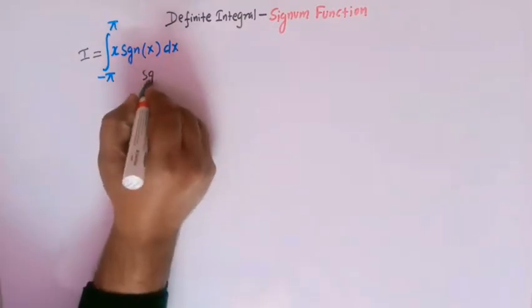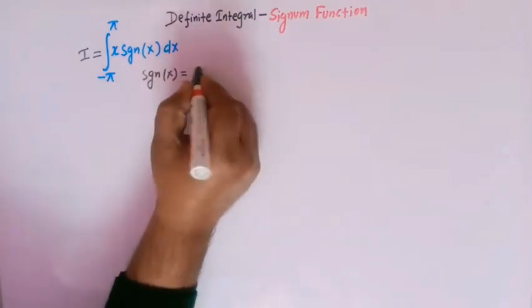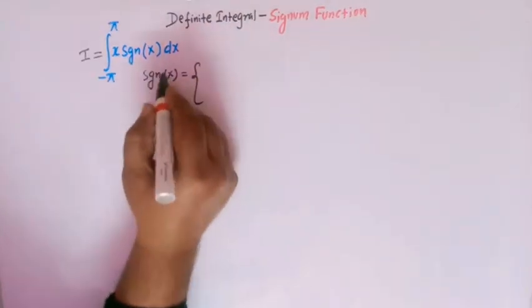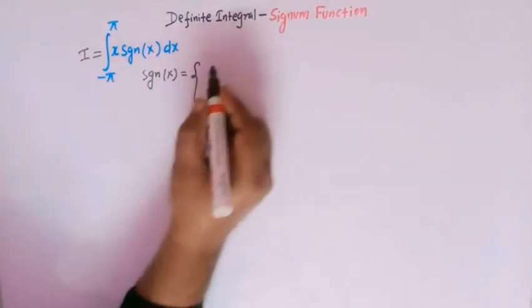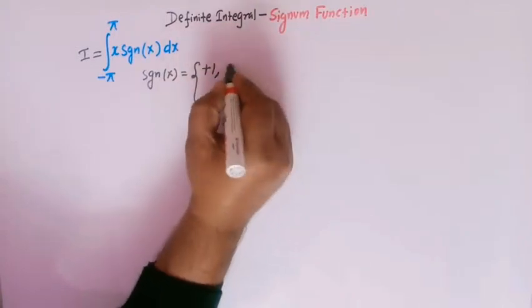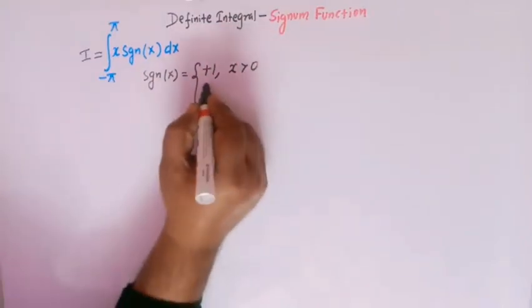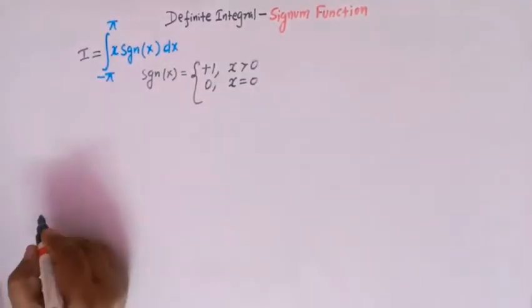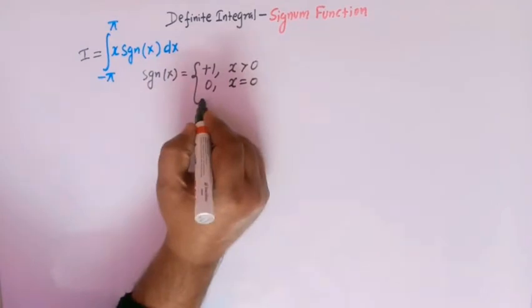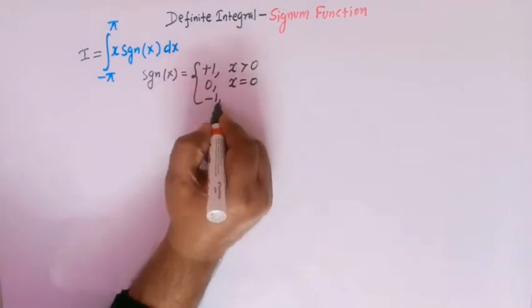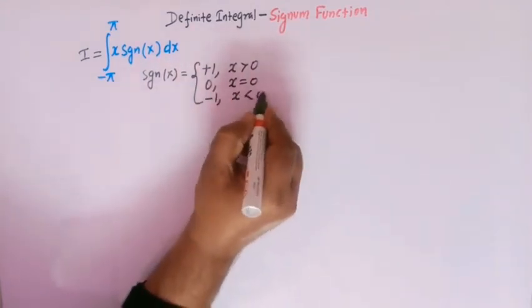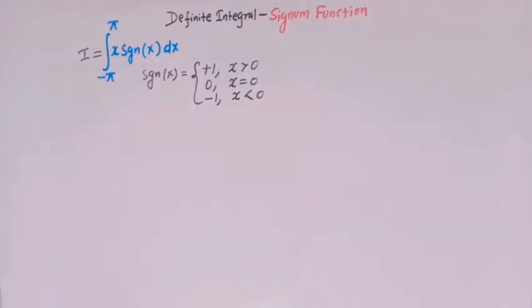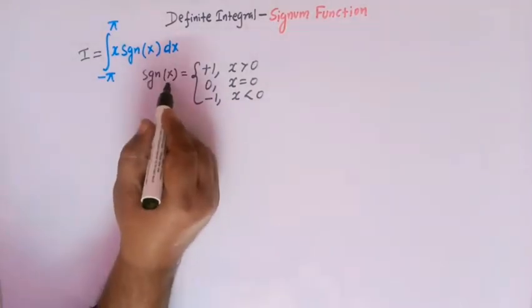We know that signum of x takes the value plus 1 when x is greater than 0, signum of x is 0 whenever x is equal to 0, and signum of x is equal to minus 1 whenever x is less than 0. So this is the standard definition of signum of x.